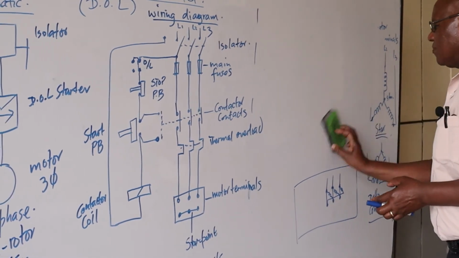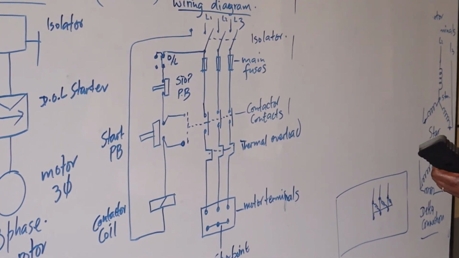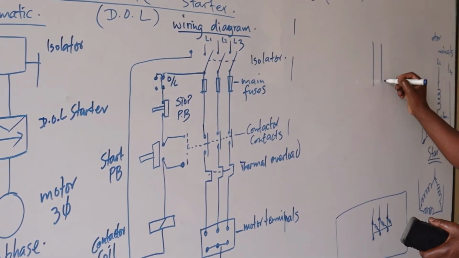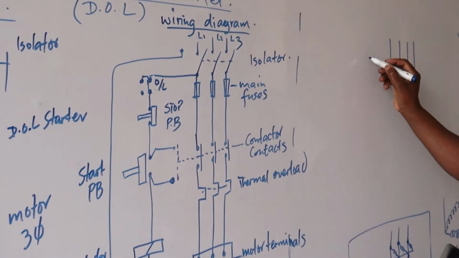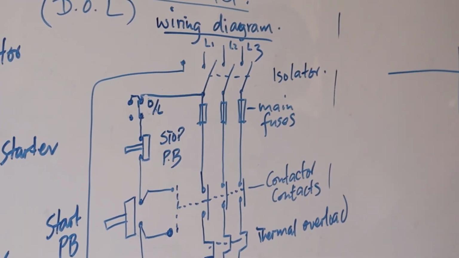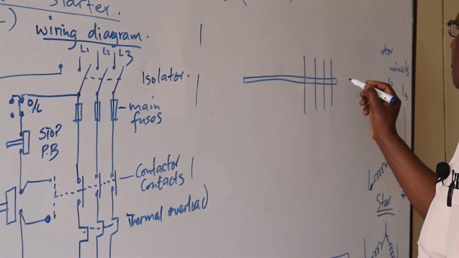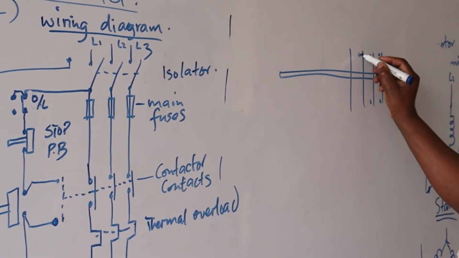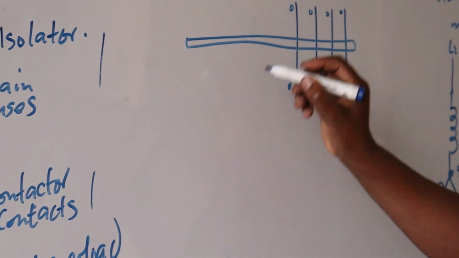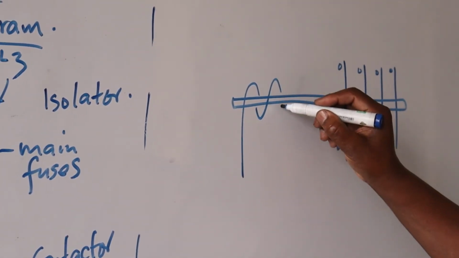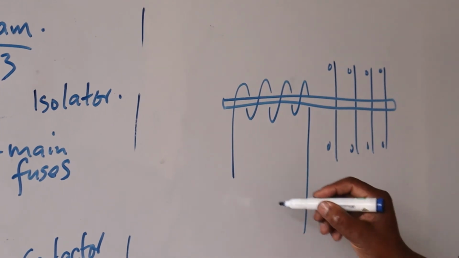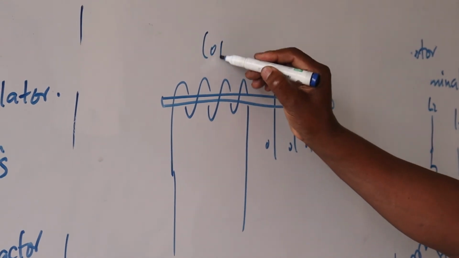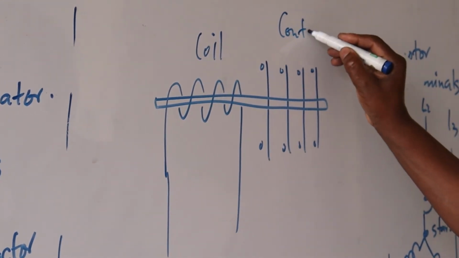Maybe I can expand it slightly here. Its operation is something like this one here. Now this is the coil, and these are the contacts.